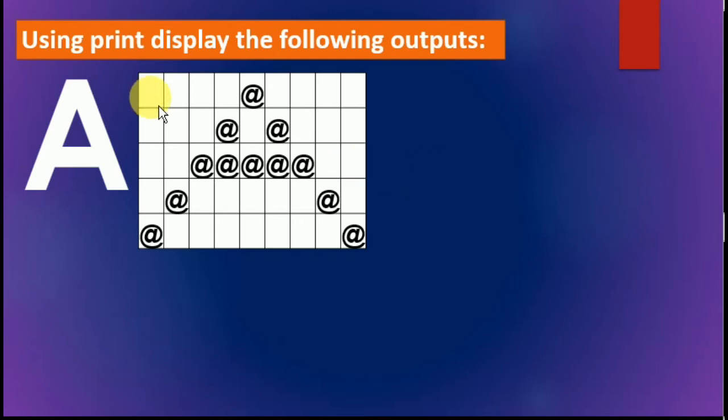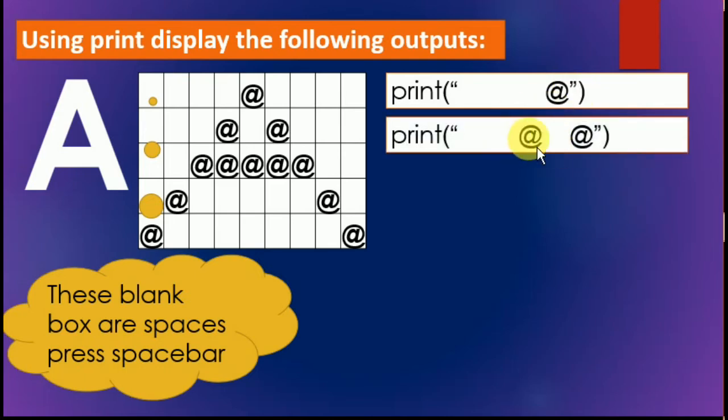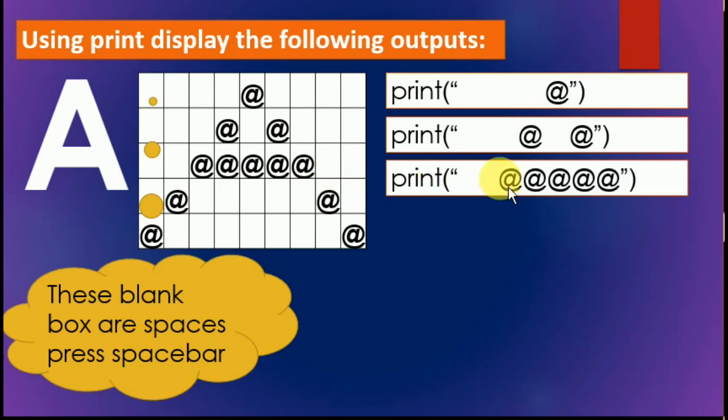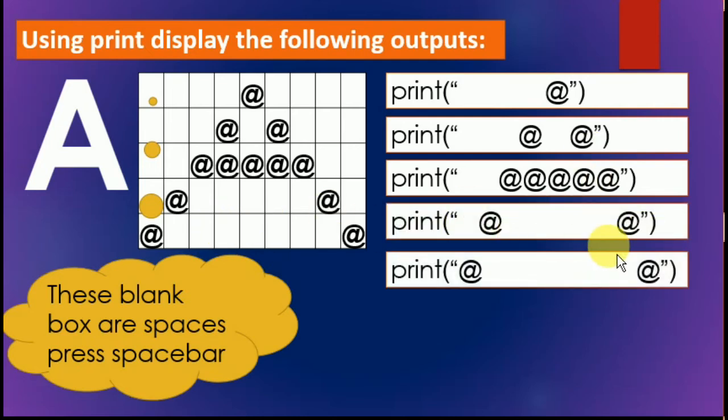This is 1 2 3 4 spaces, then the add sign, in the same way 1 2 3 add signs, then space, then add. So the print lines are going to be: these are the blanks, the first line is going to be like this, then it goes like this, third line a straight line of add signs, then the gap, and the last one is going to be like this.